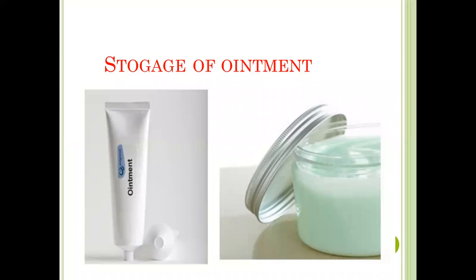Sterile ointments are dispensed in single tubes or packed in wide mouth containers, in such a way that no contamination occurs. Exposure to humidity, light, or temperature should not affect them, and they should be kept away from children and animals. So this is about storage.